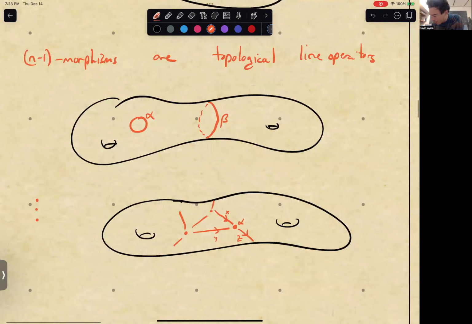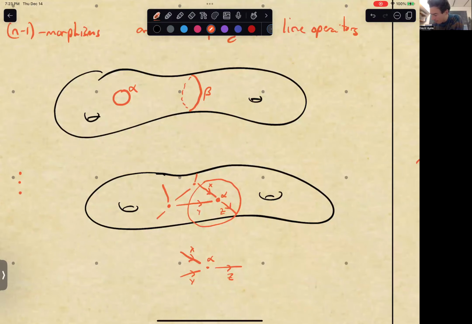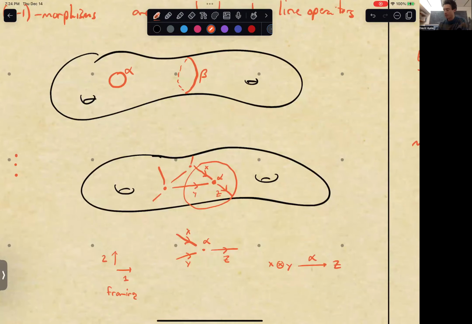What's happening in this site here is locally, it looks like this picture, which I can interpret as a morphism from, if I read, you can see where framing is used on the manifold. So moving upward, I see y first and then x. So this is like x tensor y alpha to z. Is that that kind of structure?